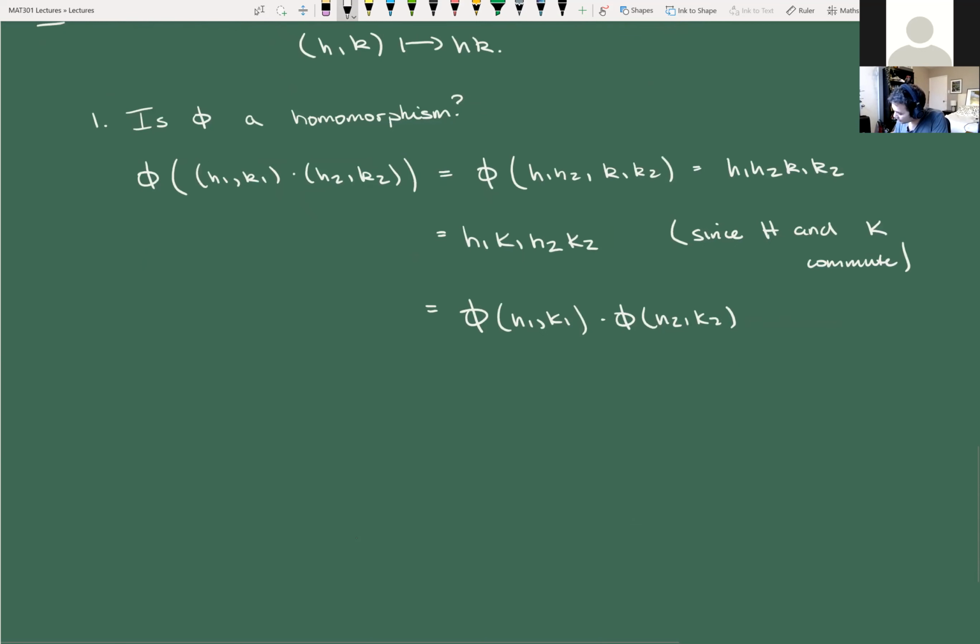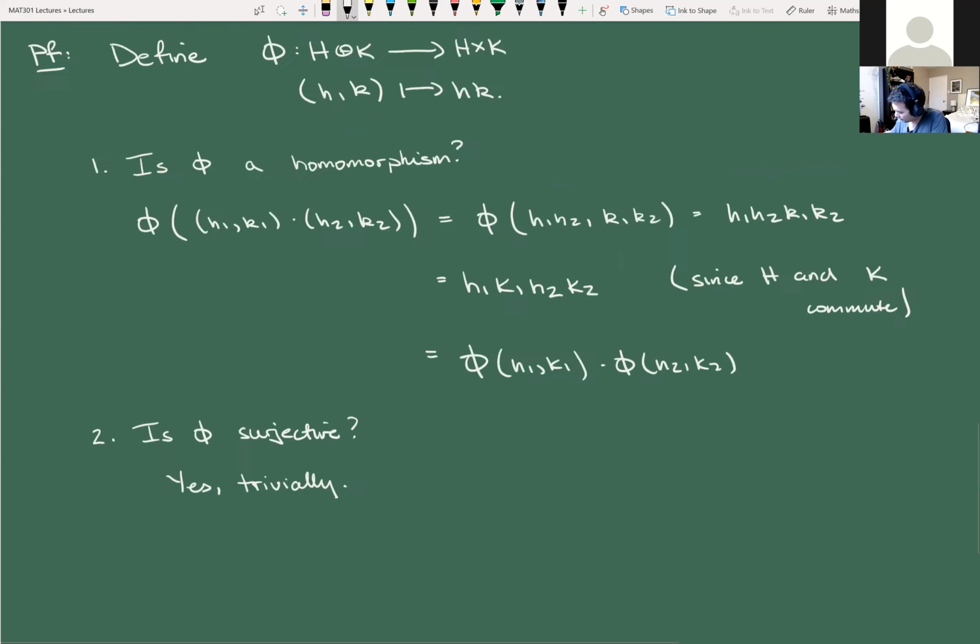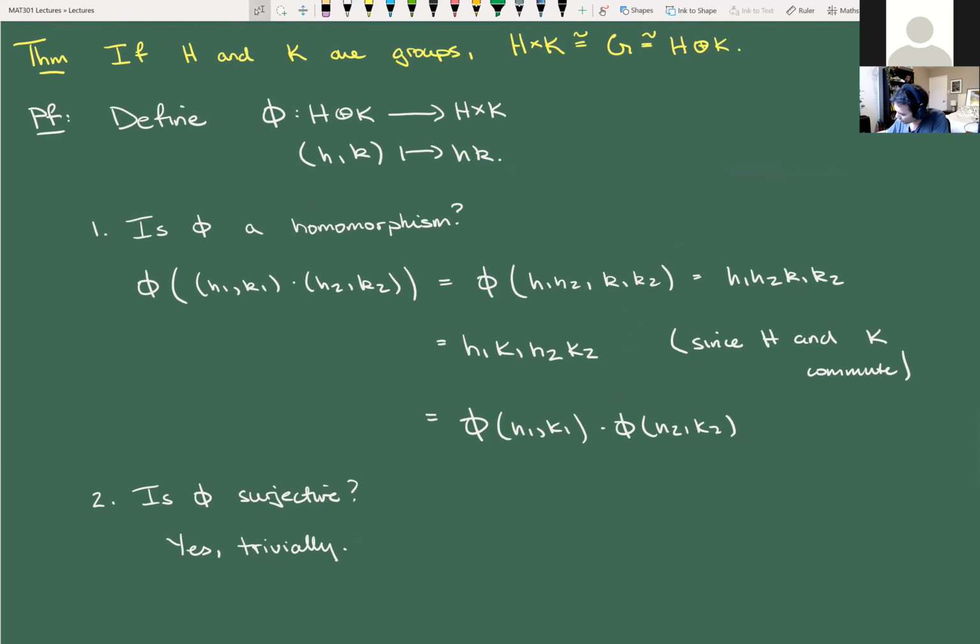Okay, is it injective? Or let's say, first, is it surjective? And that one's trivial. Yes, trivially. If you don't quite see it, let's look back at the definition of phi.